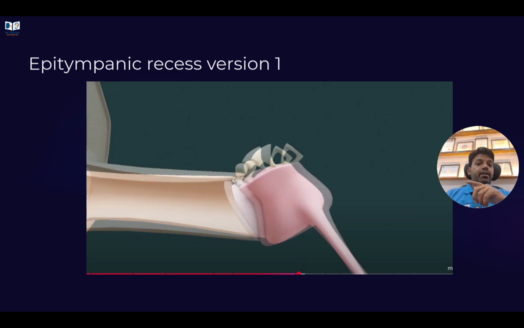Now, the epitympanic recess we saw was one theory. How the epitympanic recess is formed, that we will see now. Cartilages are formed, but the problem is the cartilages are still above the tympanic cavity. Now how they are included inside the tympanic cavity, we will see.